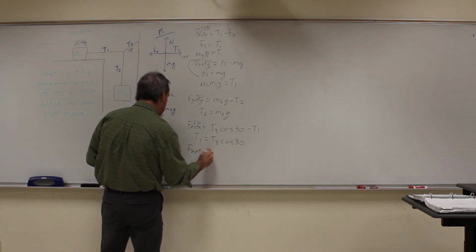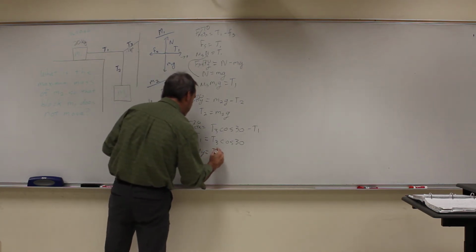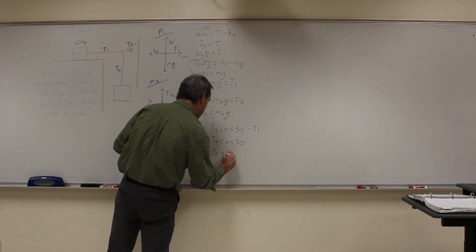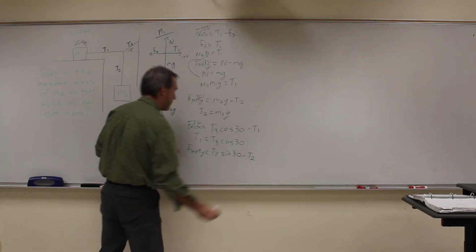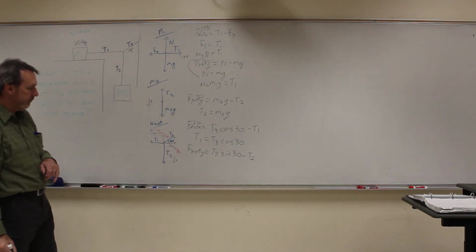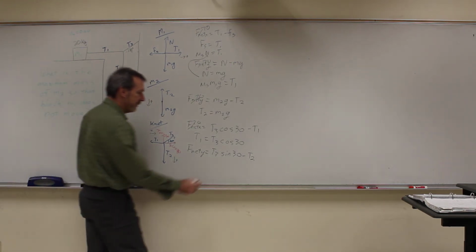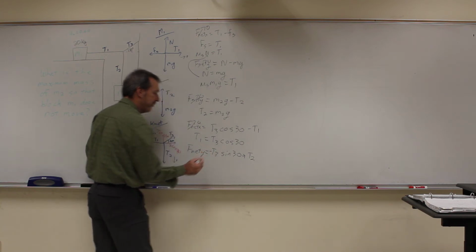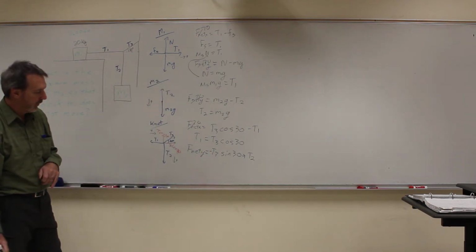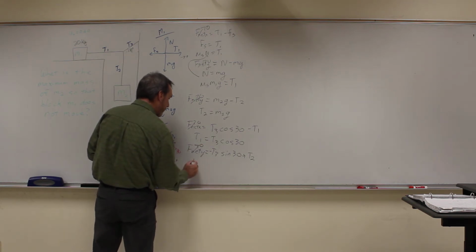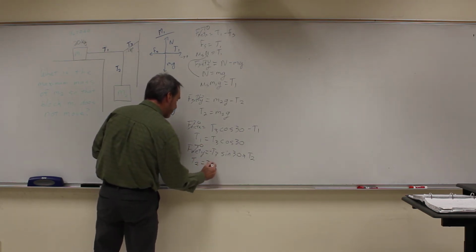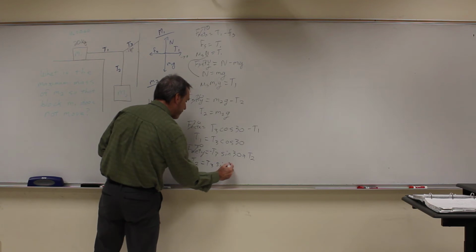I got F net Y is equal to T3 sine of 30 minus T2. Oh, I'm sorry. I messed up. It's T3 sine of 30 minus T2. All right, this goes to 0, so we can say that T2 is equal to T3 sine of 30.